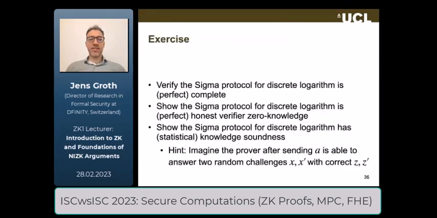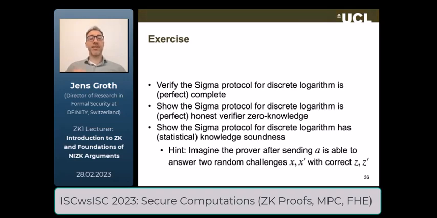Okay, so the exercise here is to think about this one. I would suggest you first check that it is actually complete, so it works if the prover is honest and the verifier is honest. Then check that it's zero knowledge, right?